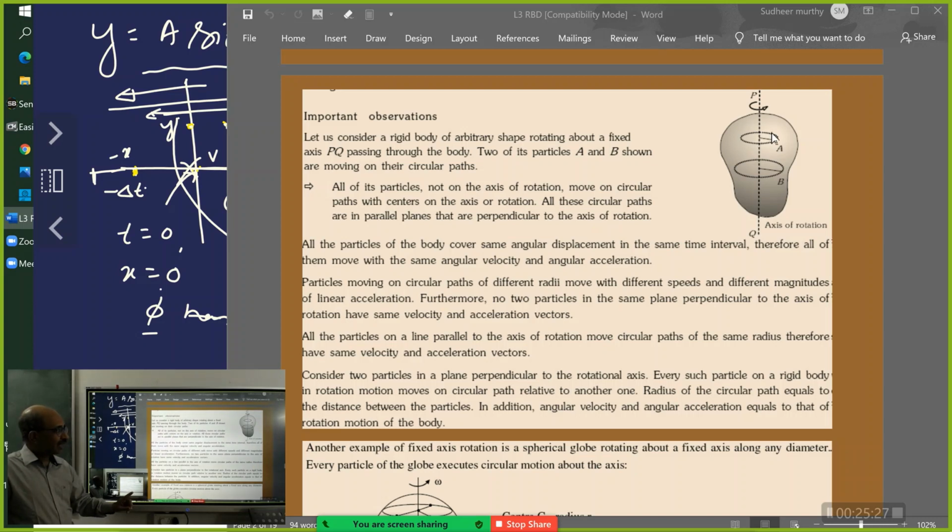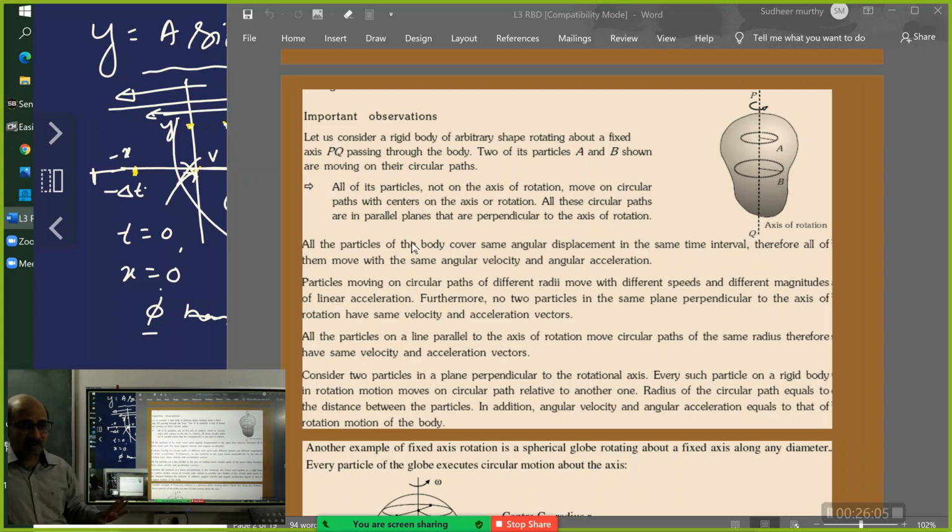You can see that this particle is rotating along this circle, and if you consider the region bound by this circle, it is a plane. So you can see this plane and this plane are perpendicular to the axis and parallel to each other. And so it is shown here, indicating that this is rotating, and PQ becomes the axis of rotation.